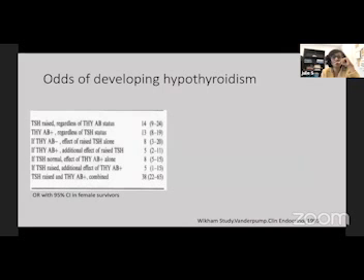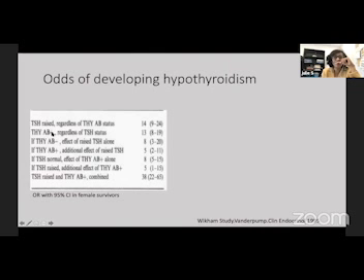So what are the odds of developing hypothyroidism? If a euthyroid female has positive antibodies, then what are her odds of developing hypothyroidism over time? So if the TSH is raised, which means that the TSH is just over the upper limit of normal, regardless of the antibody status, the odds are almost 14.